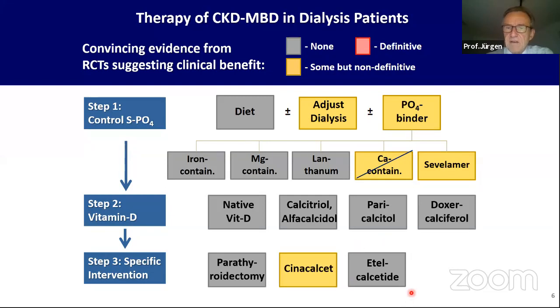And etelcalcetide is too new to have clinical evidence that it's beneficial. There's also been a discussion, because there is so little evidence in the vitamin D role, well, shouldn't we really change the steps and have calcimimetics go before we think about vitamin D? And it's only for cost reasons that this is still as it is.